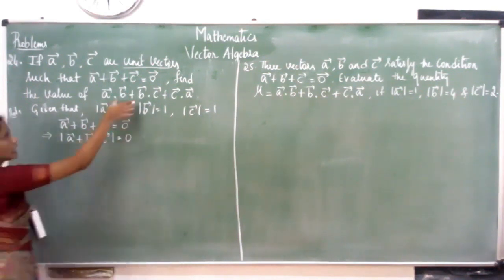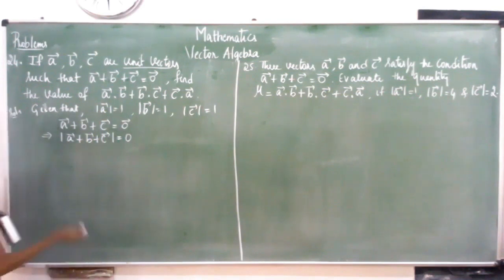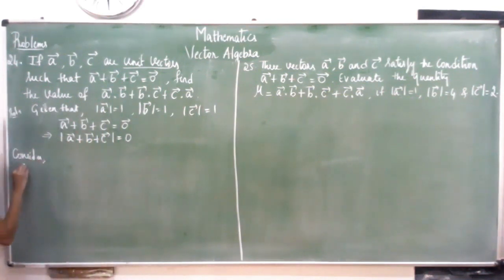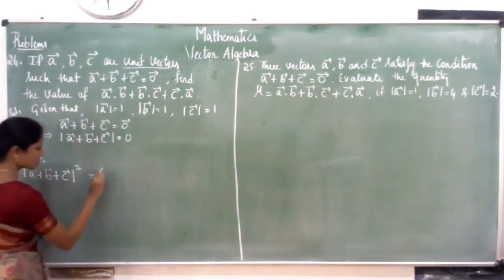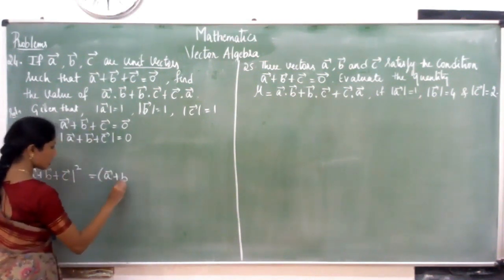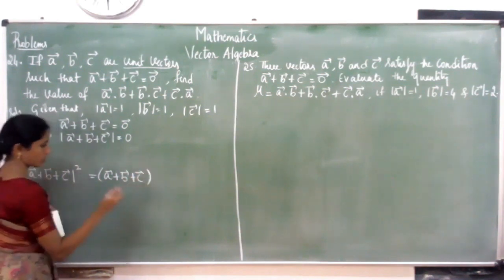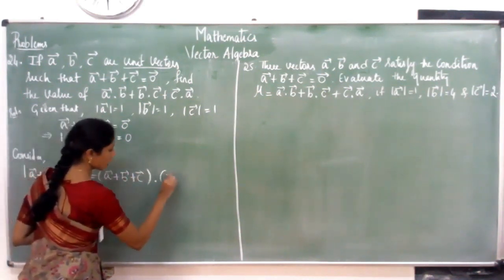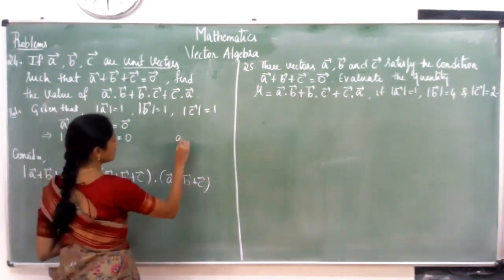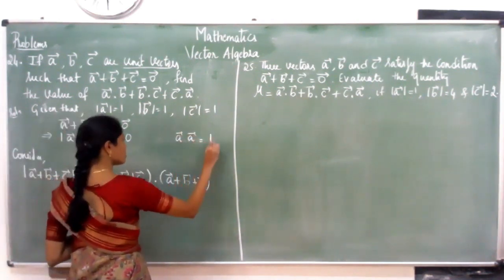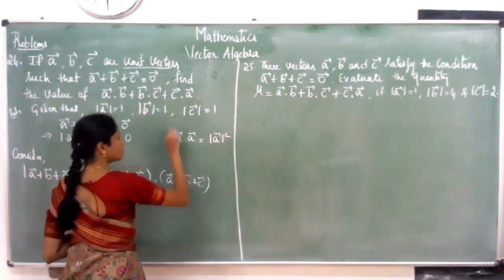So in order to find this value, I will be considering magnitude of vector A plus vector B plus vector C the whole square. So using the observation, this can be written as vector A plus vector B plus vector C dot vector A plus vector B plus vector C. Again, I am reminding you, this is because of this observation.